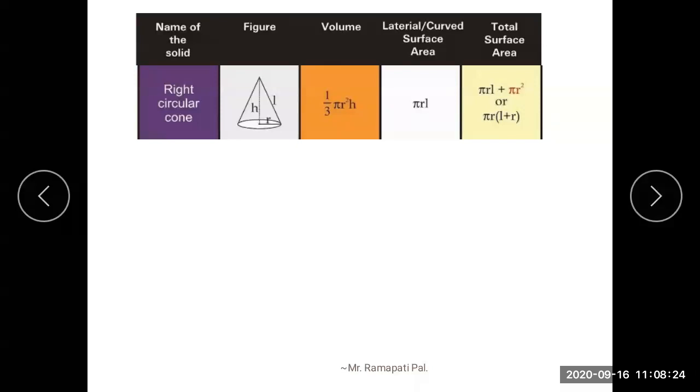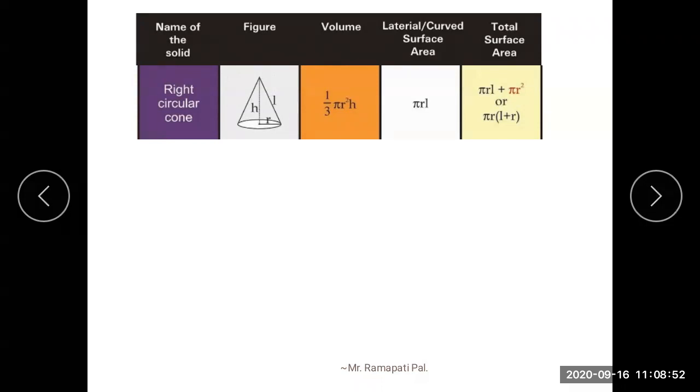Curved surface area is pi r L, and total surface area is curved surface area plus area of a circle. In this way also you can remember it. Total surface area is pi r L plus pi r square.